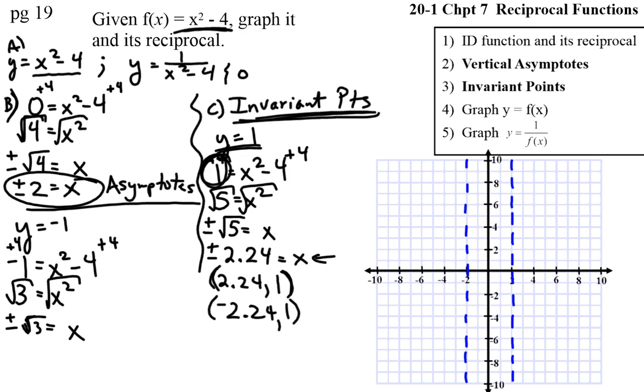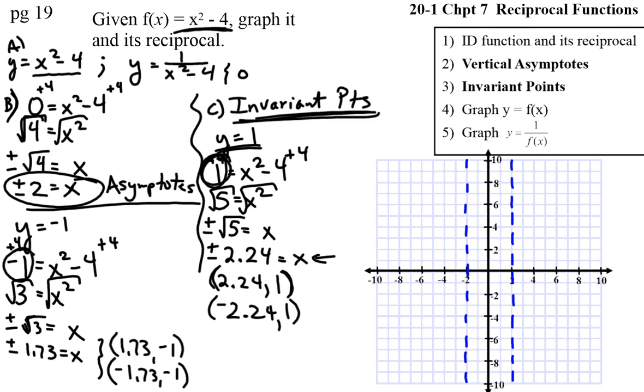Because I want to graph it, I can calculate root 3, which is approximately positive or negative 1.73. So my other invariant points will be 1.73 when y is negative 1, or negative 1.73 when y is negative 1.